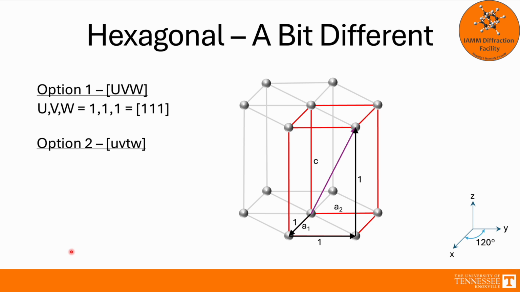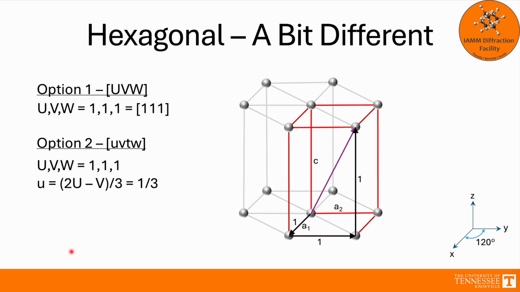Option 2 is to have lowercase or little u, v, t, w. So we can convert from option 1 to option 2. Option 1, once again, was just the 1, 1, 1. So little u equals 2 big U minus big V divided by 3, which is a third.